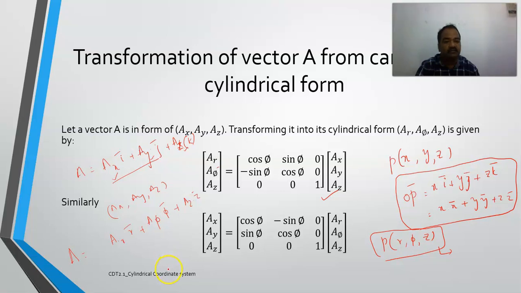So what is AR? This is the formula which we will be applying. We write ax, ay, and az, and this is cos phi, sin phi, and 0. We will practice these problems in the class today, but as of now, you are supposed to remember this particular matrix.